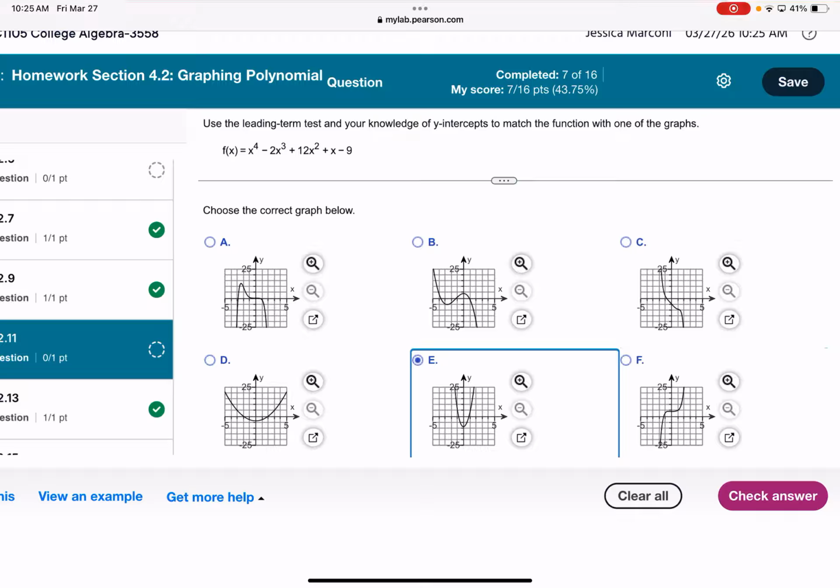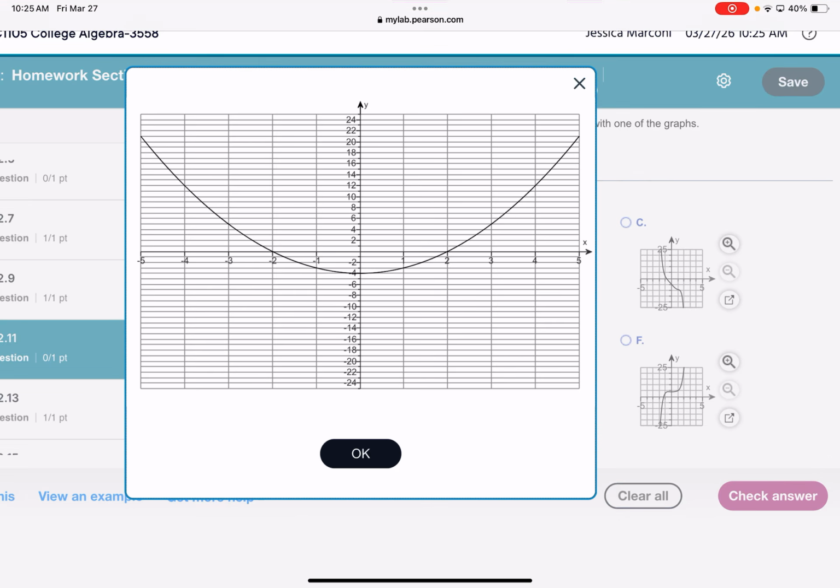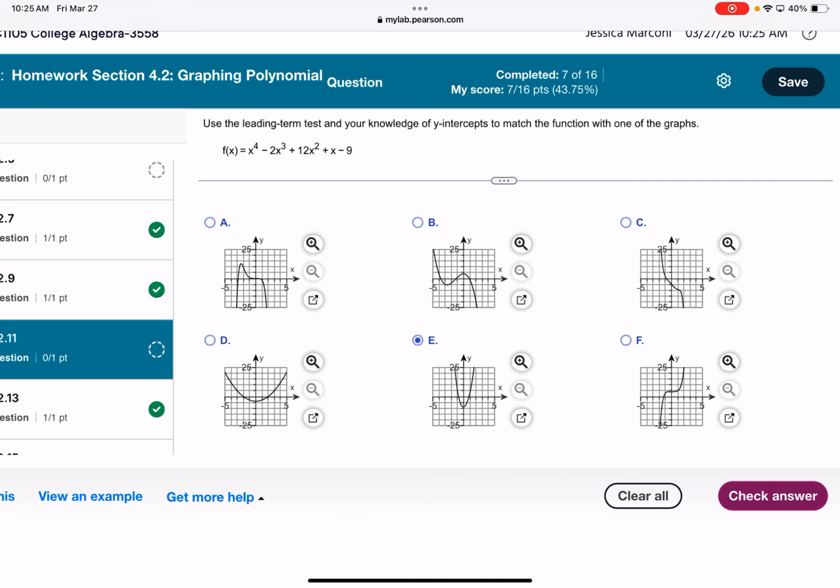And then what would my y-intercept be? -9, the constant at the end. Because you just plug 0 in for x. So let's see if that helps me narrow it down. Yep, that one's -4, so it's not that one. That one's -9. So therefore it's E.